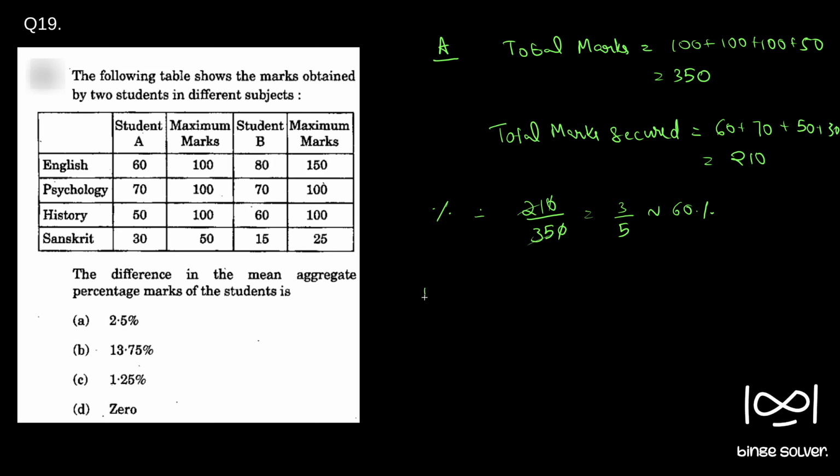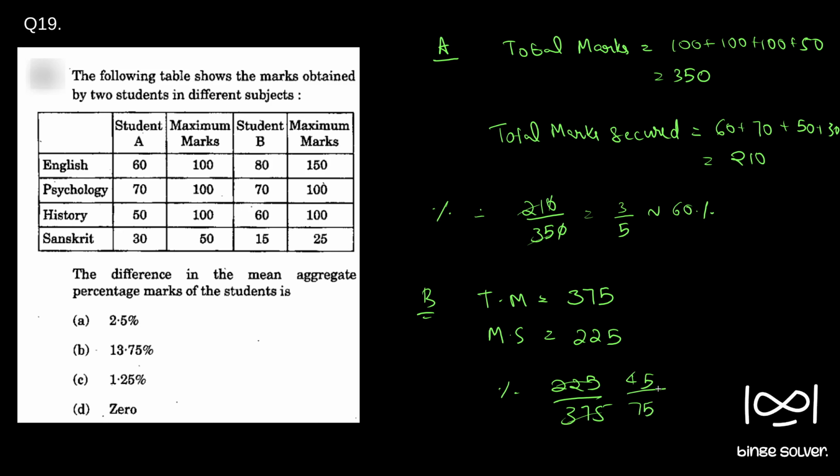For B, when you do the same, total maximum marks is 350 plus 25, which is 375. Marks secured is 80 plus 70 plus 60 plus 15, which is 225. So the percentage is 225 by 375.